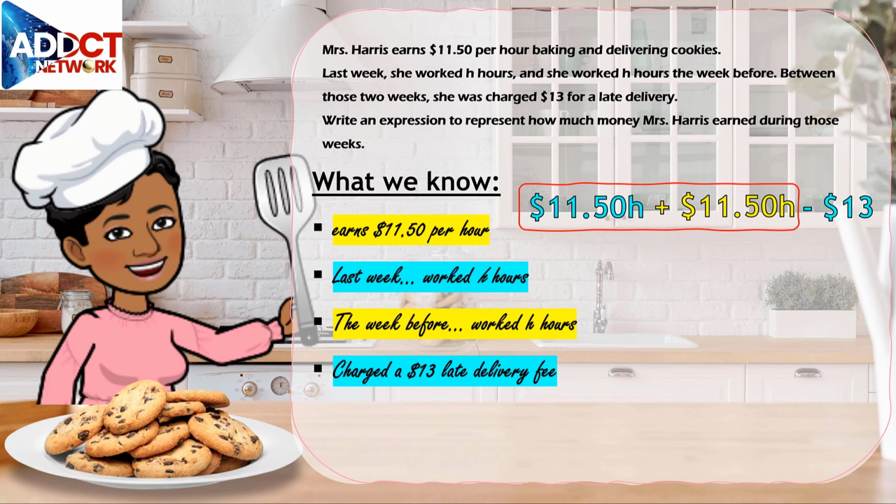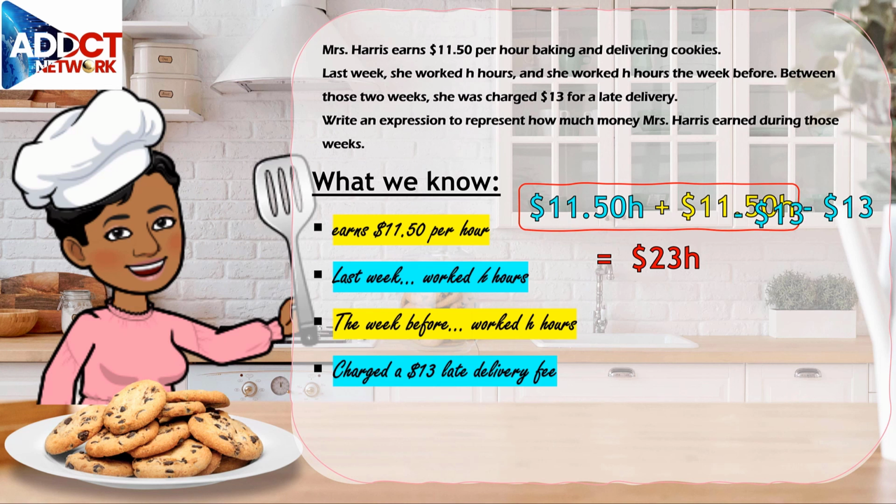So to solve this problem, we will combine like terms. The $11.50 h plus $11.50 h, that represents the 2 weeks that Mrs. Harris worked. When we combine those, we'll be left with $23 h. The minus 13 is a constant.